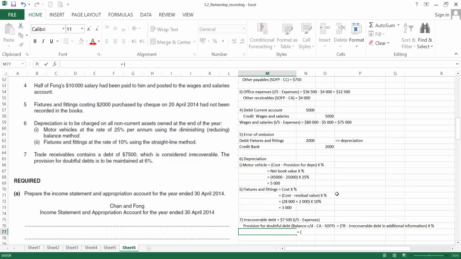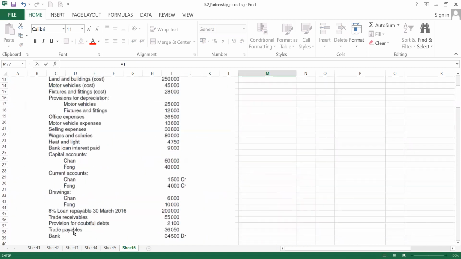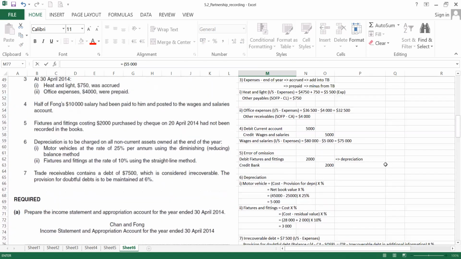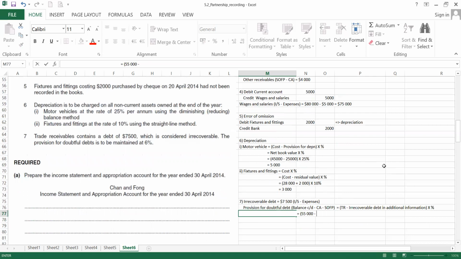The trade receivable amount is 55,000, and then our irrecoverable debt is 7,500, then times the percentage, 6%. So 55,000 minus 7,500 times 6%.